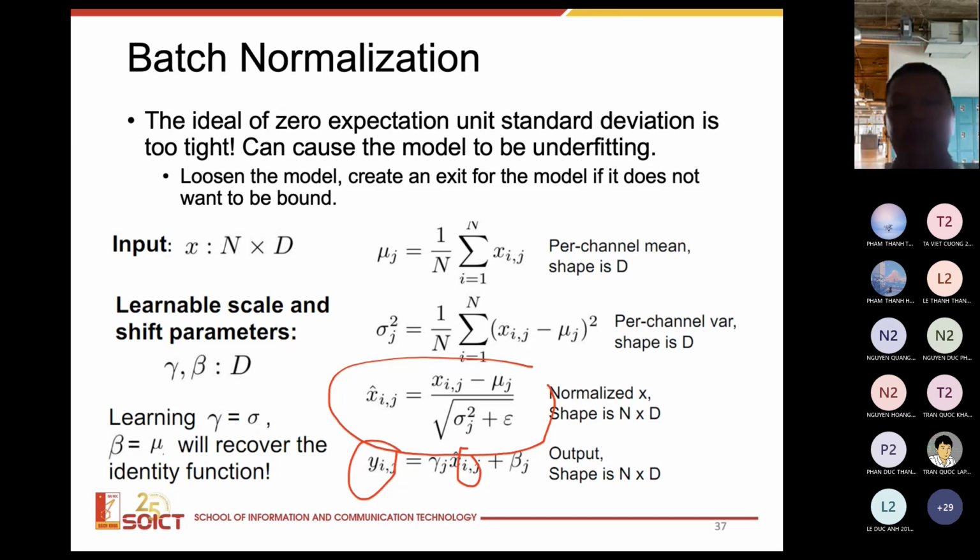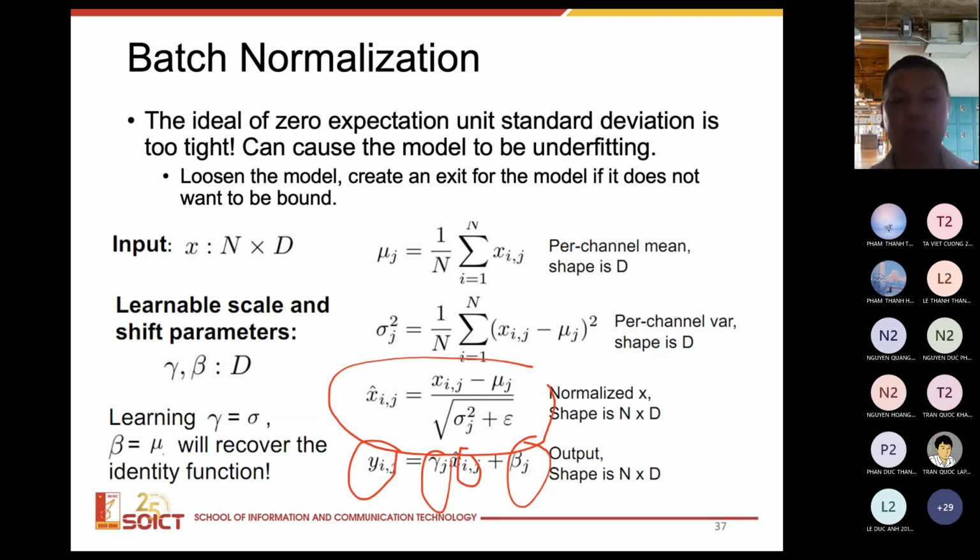The gamma and beta here can be considered as the learnable scale and shift parameters. We want to scale the output to not be unit standard deviation, but to have this deviation, and we shift it by an amount of beta, and we let the model learn the gamma and beta during the training, right?